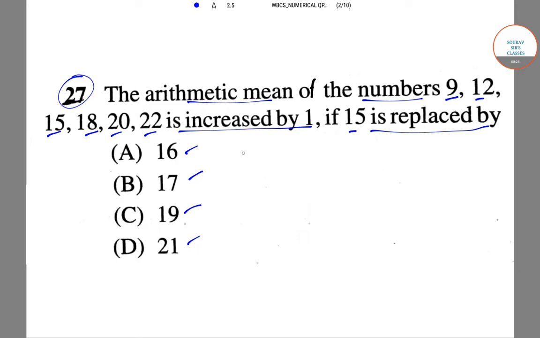So the first arithmetic mean, suppose it is given by x. So x will be equal to 9 plus 12 plus 15 plus 18 plus 20 plus 22 divided by 6.